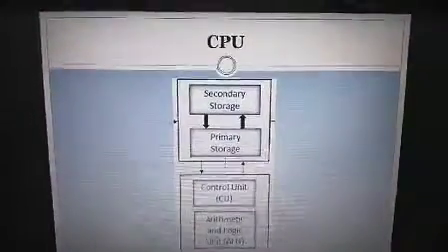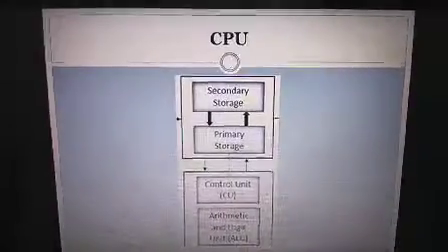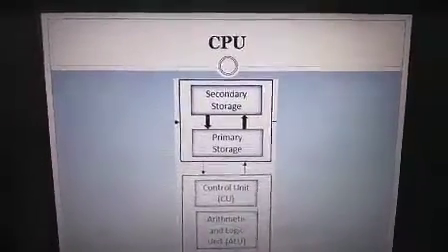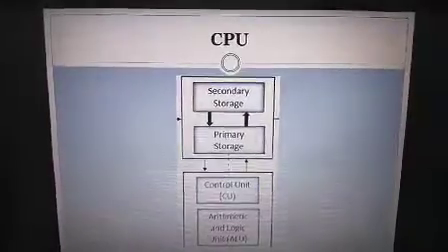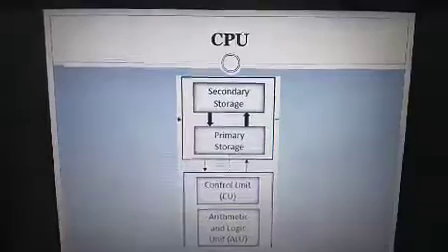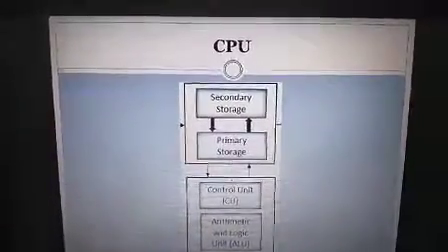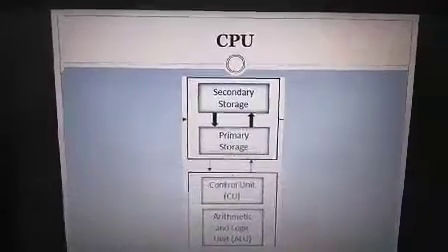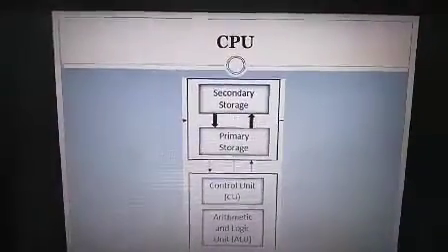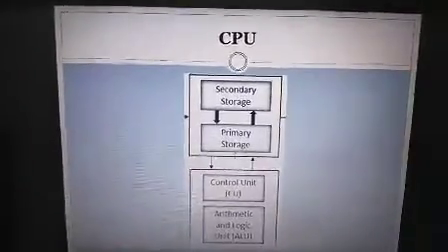Primary memory and secondary memory we have already studied: the primary is volatile memory and the secondary is non-volatile memory. It means that the data stored in the primary memory is erased when the power supply is switched off. But the secondary is permanent storage. Until and unless we delete anything from it, it is present in the secondary storage.